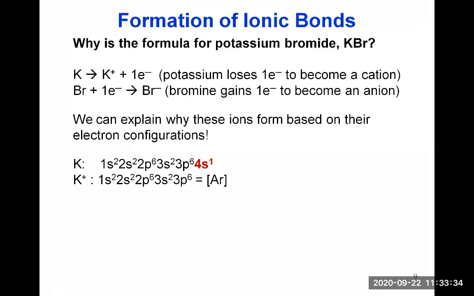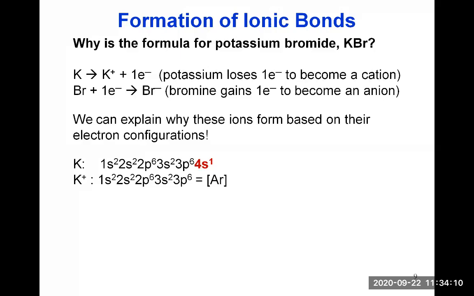By doing this, potassium, which started with 19 electrons, will then have only 18 electrons. And 18 electrons is the electron configuration for the noble gas argon. So when you remove that 4s1, the electron configuration for K+ is 1s2, 2s2, 2p6, 3s2, 3p6, which is exactly the electron configuration of argon. You can write that as argon in brackets, which means its electron configuration.